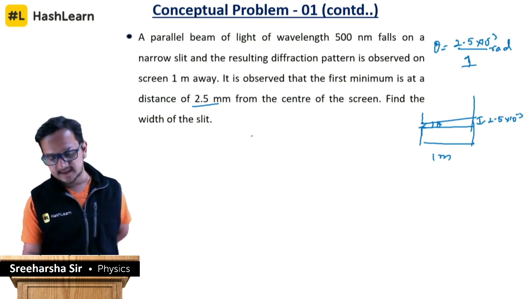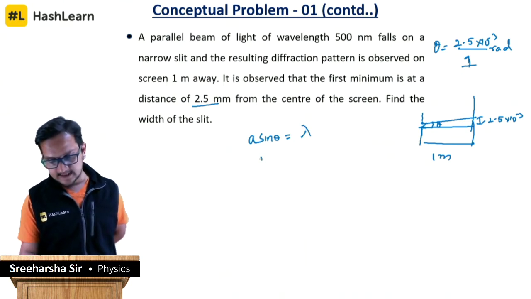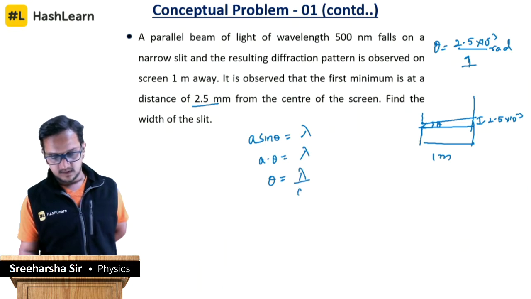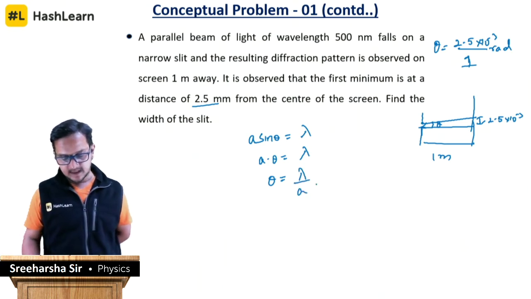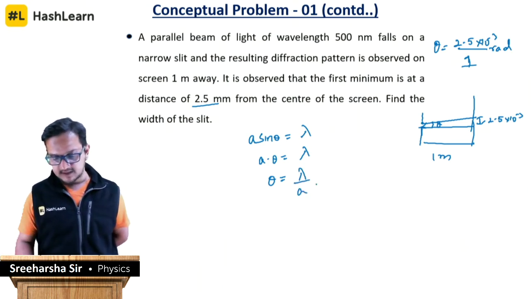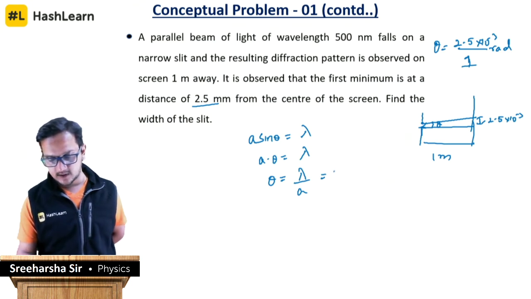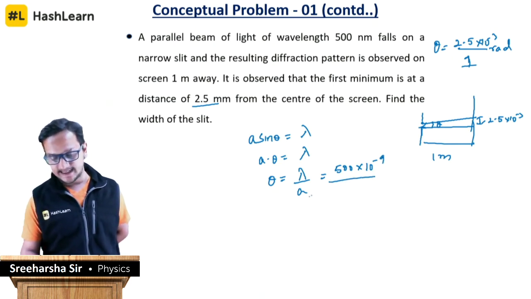So the condition for first minima is a sin theta is equal to lambda. For smaller angles, a into theta is equal to lambda, or theta equals lambda by a. So if you substitute the value, lambda is 500 into 10 power minus 9, and you have to find out a.